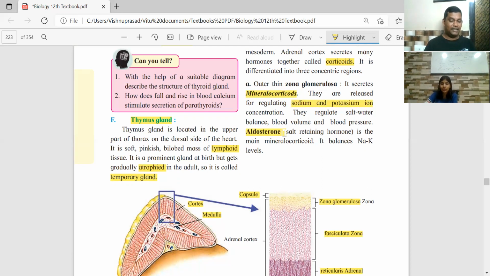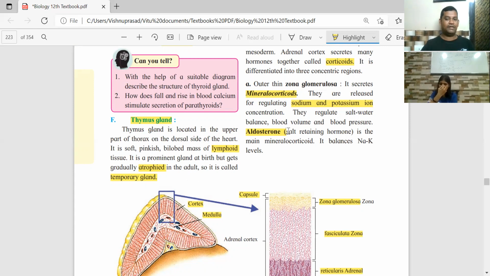So the hormones produced in the zona glomerulosa of the adrenal cortex are called mineralocorticoids, and the main one is aldosterone.